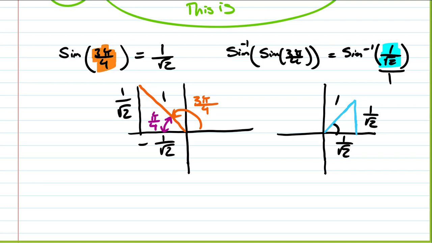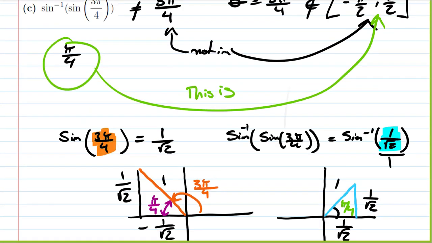And that would make our angle here pi over 4. Which is why when we take the inverse sine, we get exactly back pi over 4, not 3 pi over 4. So that domain and range stuff turns out to be really, really important when it comes to trigonometric functions.